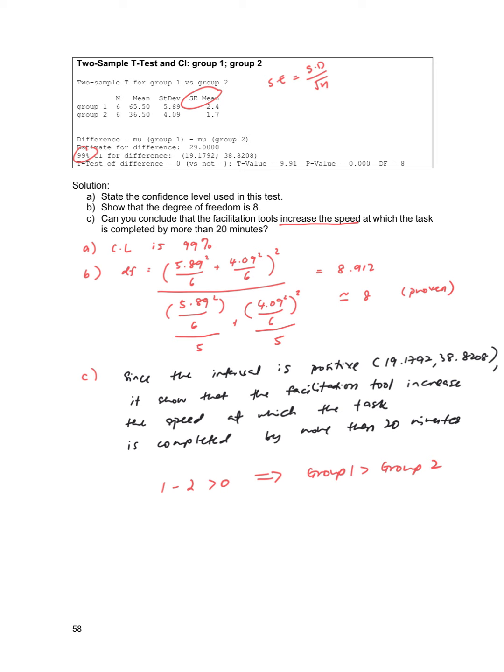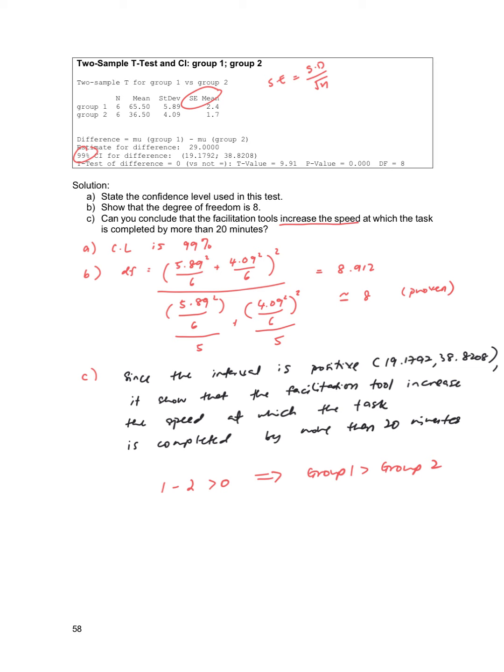So why do we say increase? In terms of time, it is faster, it speeds up, right? So if the time for group 1 is bigger than group 2, it means group 1 takes longer than group 2.